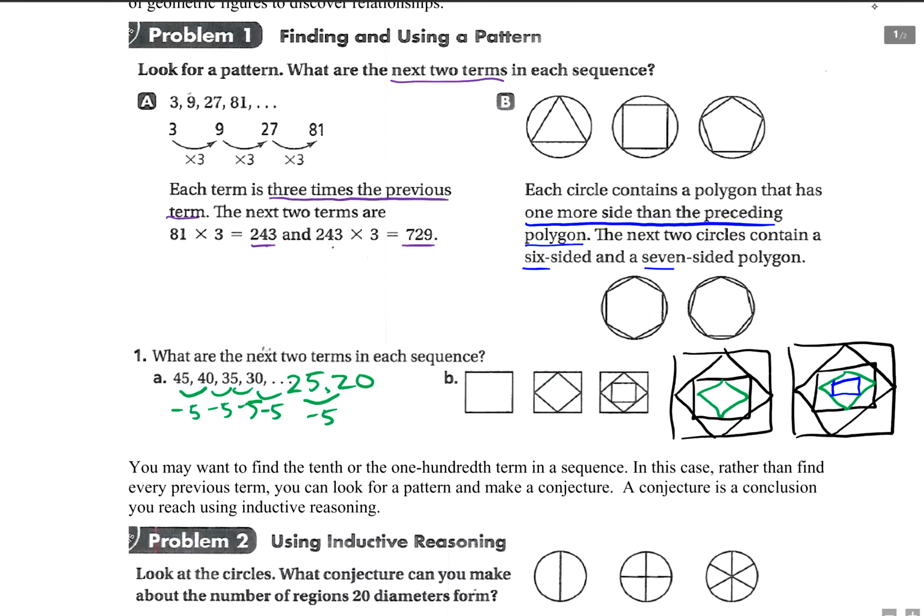All right, those were kind of fun. Our first one, we have 45, 40, 35, 30. So it looks like we are subtracting 5 each time. So 30 minus 5 is 25, and then minus 5 would be 20. So our next two terms are 25 and 20.